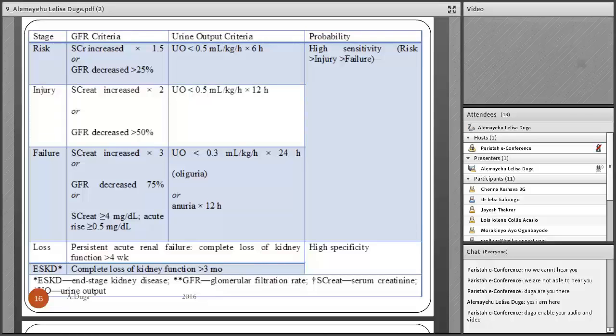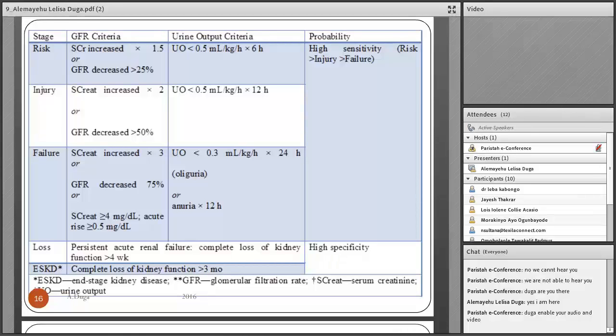Glomerular filtration criteria and urine output criteria are the 2 main important criteria to classify acute kidney failure under the RIFLE system. So the first one is risk. Serum creatinine will be increased by 1.5 times, or glomerular filtration rate will be decreased by greater than 25%. During this situation, it increases the risk of having kidney failure.